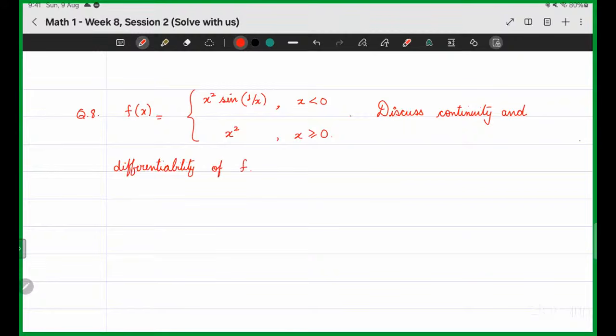So basically it is continuous. Why is it continuous? Because I think that LHL and RHL are both equal. RHL is okay. Why LHL?